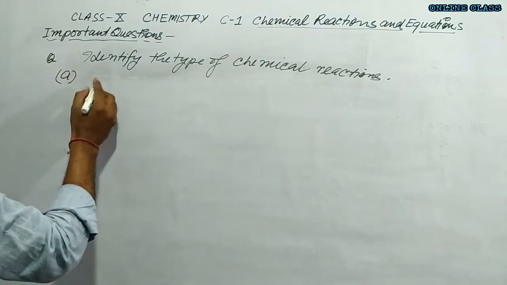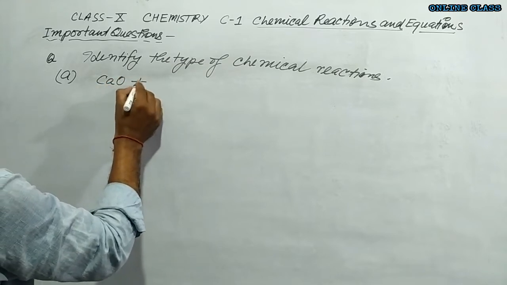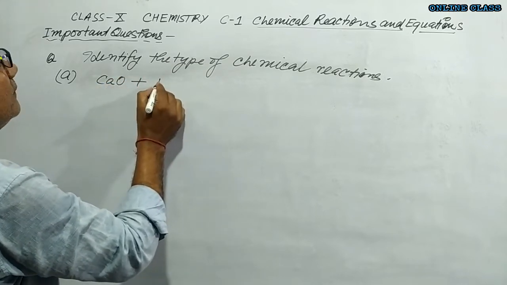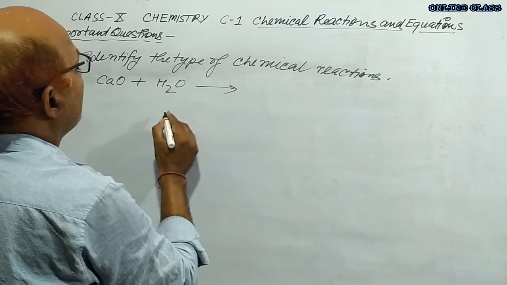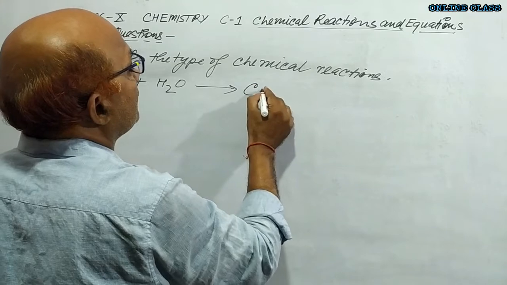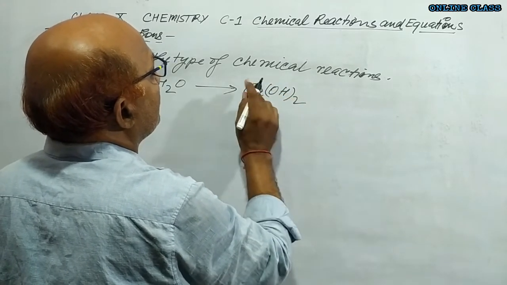First is CaO quicklime plus water. It forms Ca(OH)2.